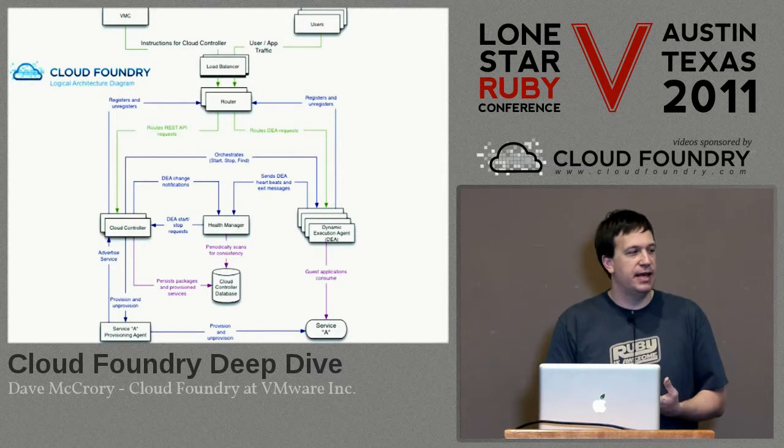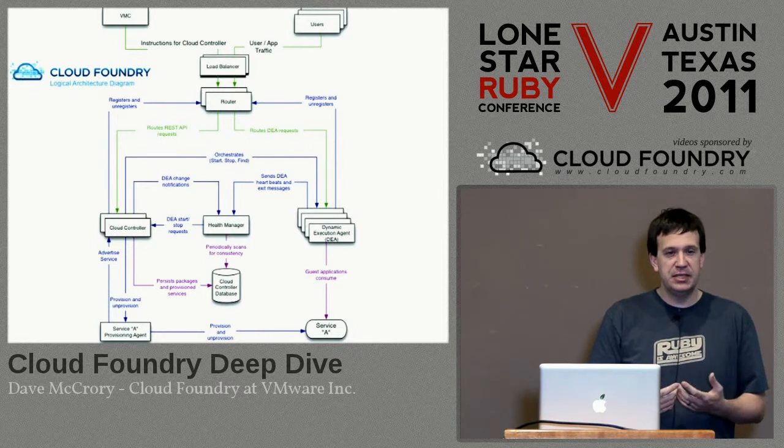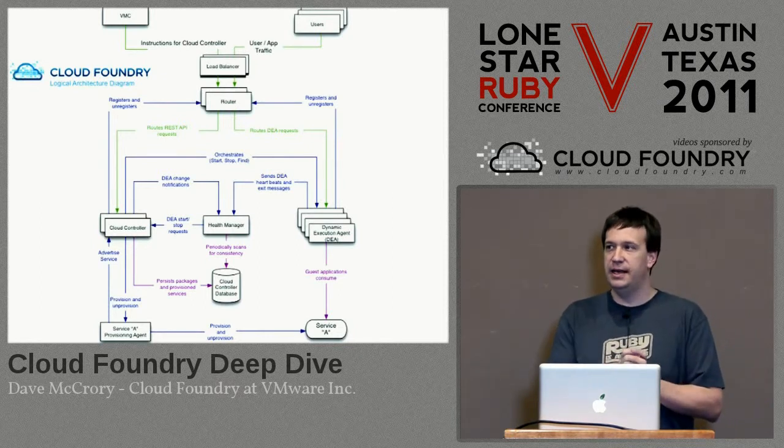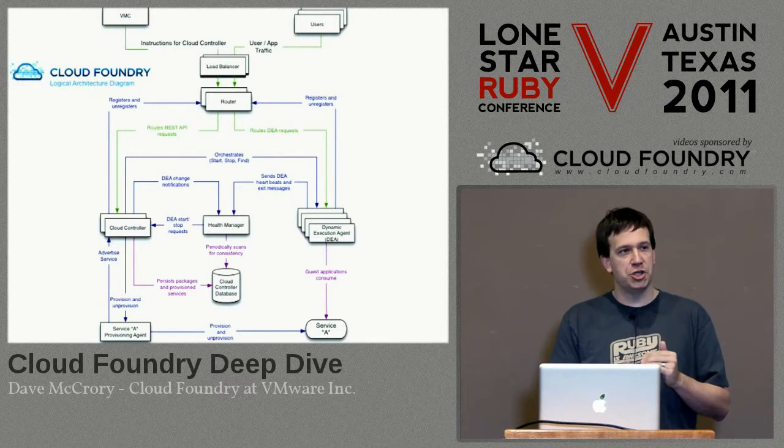You push that code up. Before you actually push the code up, on the client side, the VMC client takes and tears apart all of your files. It looks at each file, it creates a SHA-1 hash, it builds a manifest out of that, and it sends that manifest up first to the cloud controller.